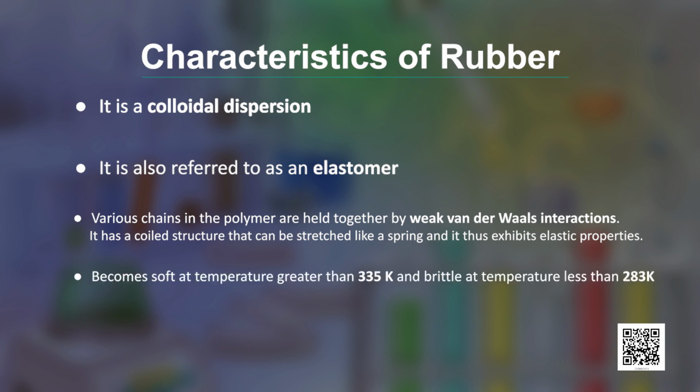Natural rubber becomes soft at temperature greater than 335 kelvins and brittle at temperature less than 283 kelvins. It has high water absorption capacity and is soluble in polar solvents.